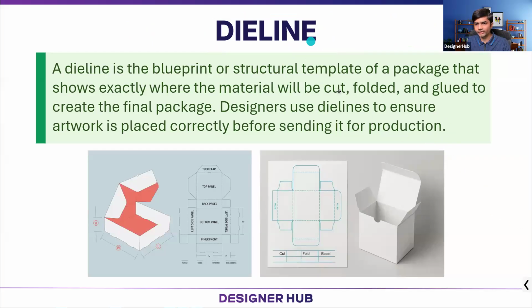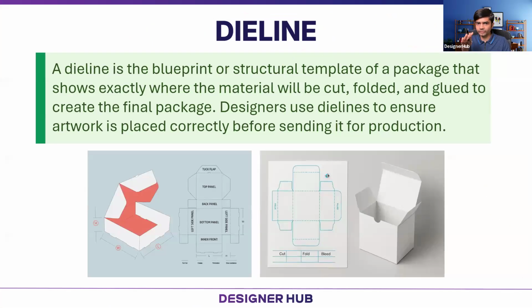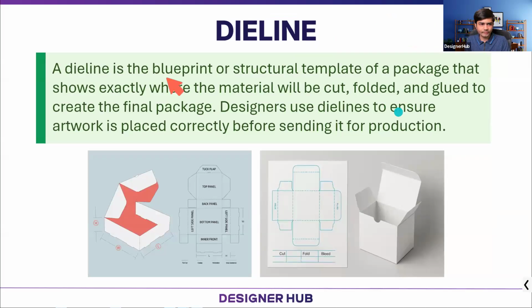Now, what is a die line file? A die line file consists of multiple internal items, which we will understand as we go forward. A die line is a blueprint or a structural template of a package that shows exactly where the material will be cut, folded, and glued to create the final package.